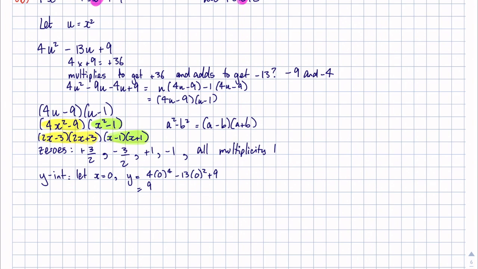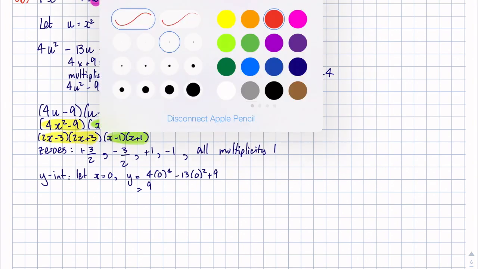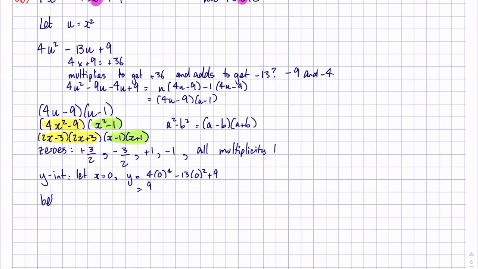So now let's sketch this thing. Oh, behaviour, sorry. Behaviour as x tends to negative infinity. So I'm going to choose x equals, what's smaller than any of these? Well, minus 2. Actually, I'm going to sub it into the last one.